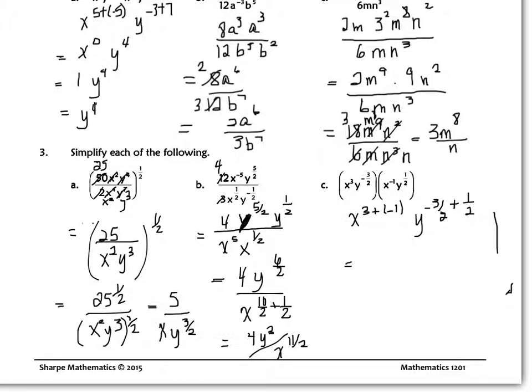So that would equal x to the 2 and y to the negative 2 over 2, which would be x squared y to the negative 1, which would be x squared times 1 over y, or x squared over y.